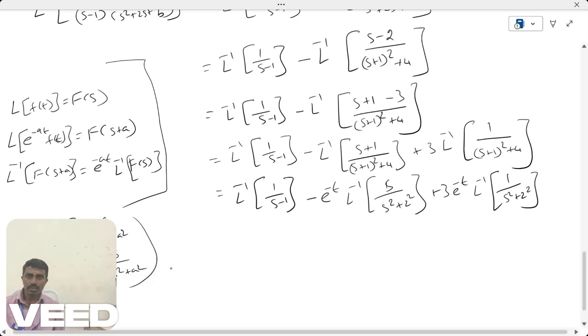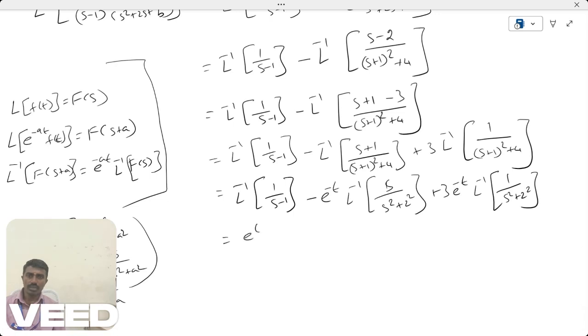Apply these two formulas, and L of e power at is 1 by s minus a. Here 1 by s minus 1 is there, so a is 1, giving e power t, minus e power minus t times, for s by s square plus a square, that is cos at.